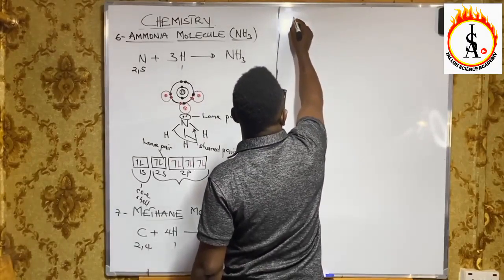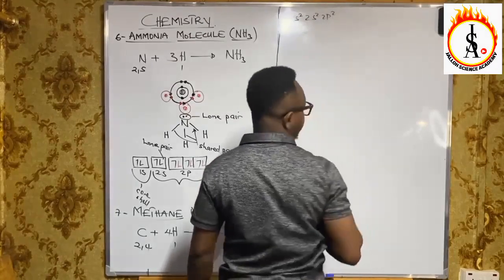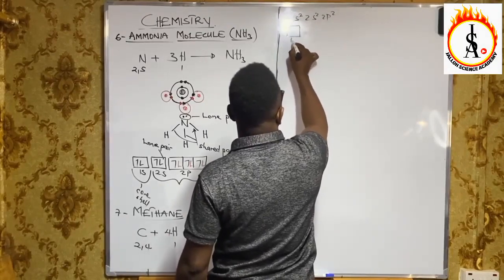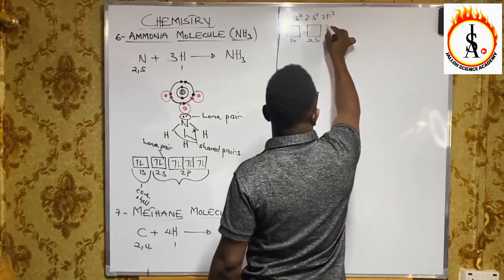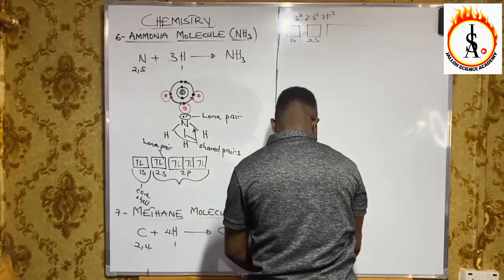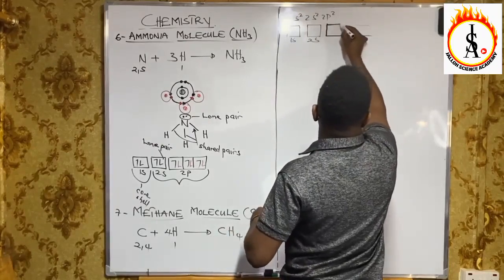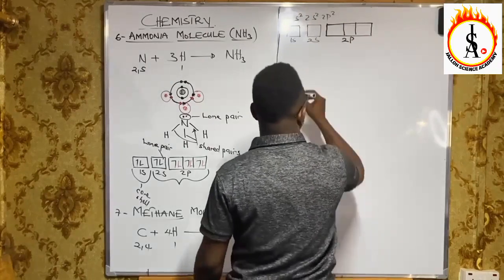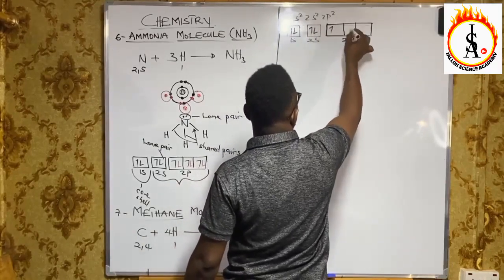Carbon, of course, has configuration of 1s2, 2s2, and 2p2. So let's look at this. 1, 2, 3, 4, 5, 6.